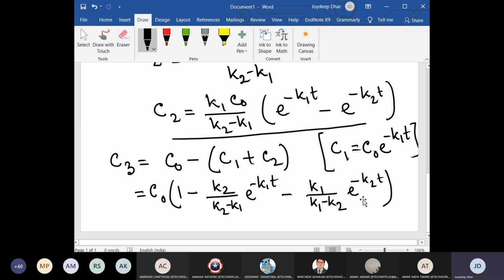Okay. So you now have three components at some intermediate time.